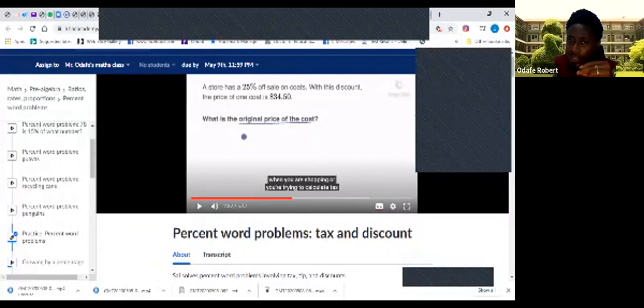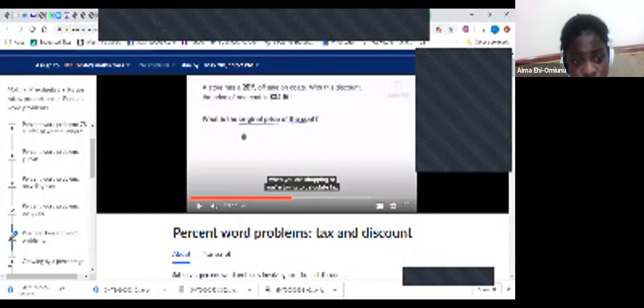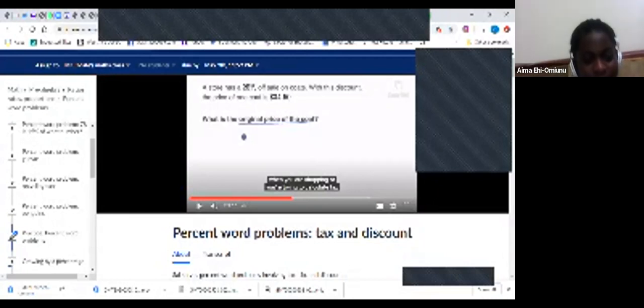Read the question given to you. It says a store has 25% off sale on coats. With this discount, the price of one coat is $34.50. If the price of one coat is $34.50, which means that the original cost should have been more because they've discounted it before they gave you that price.